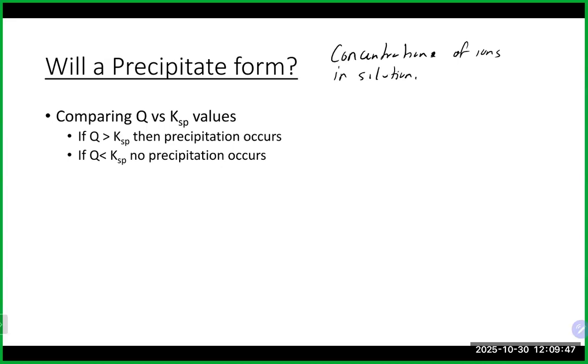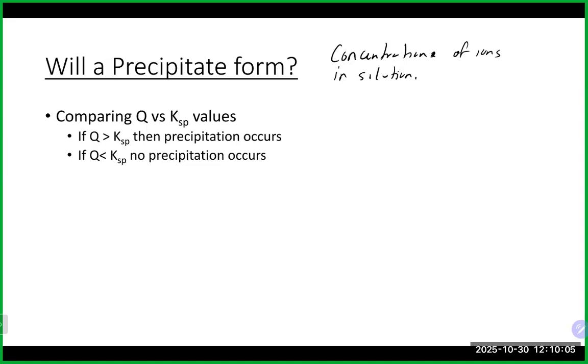Based on solubility rules, you may come across two things that are insoluble, but if you do not have the right concentration of those ions in solution, you may not see the precipitate form, even though solubility rules tell you it should.